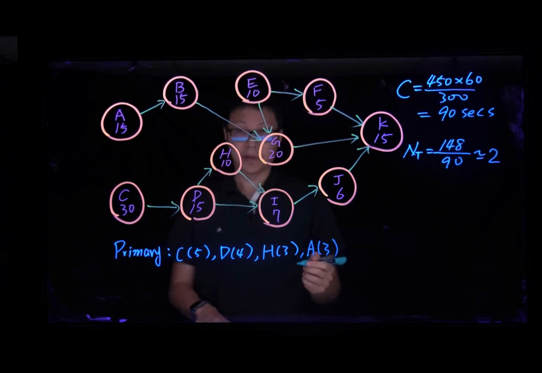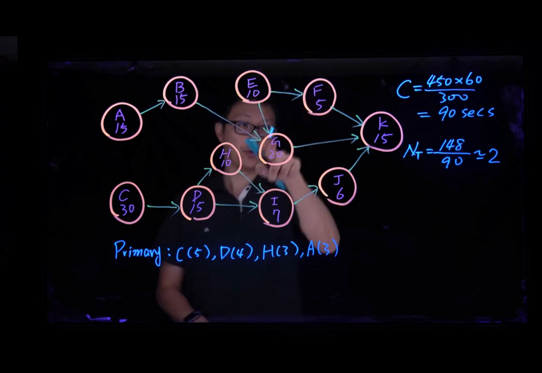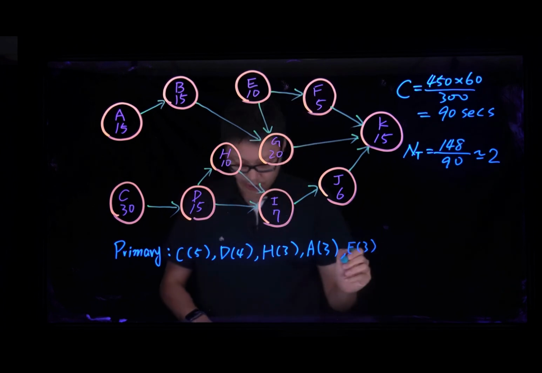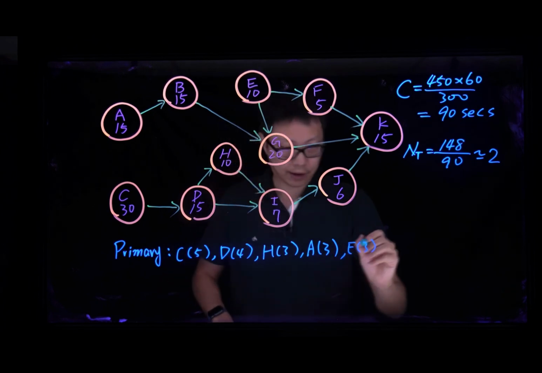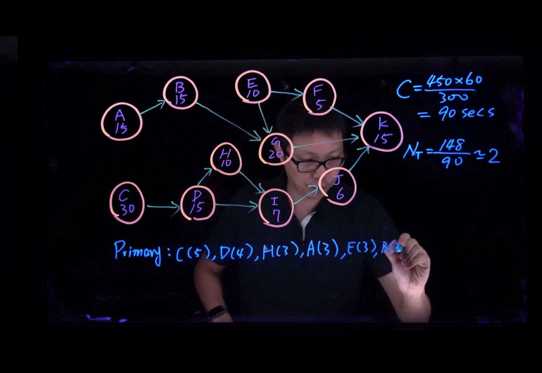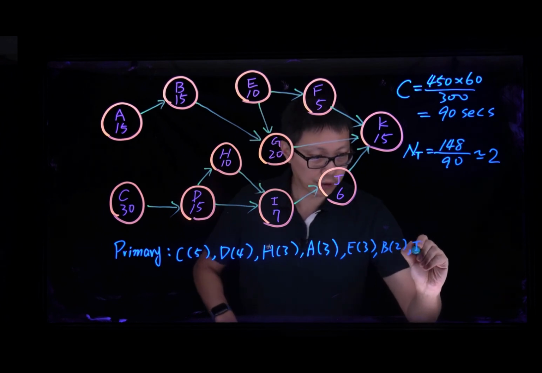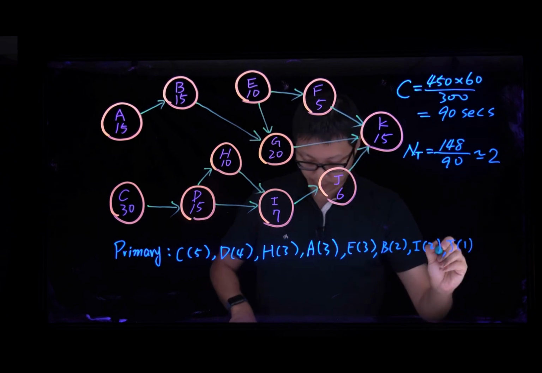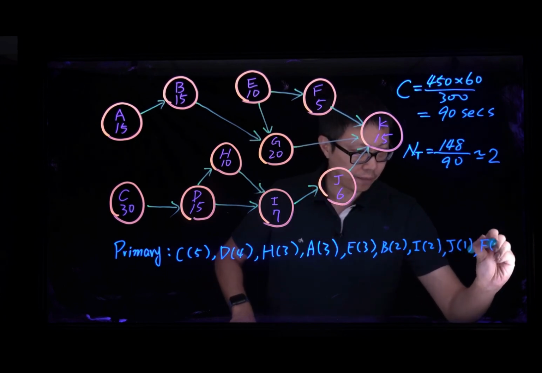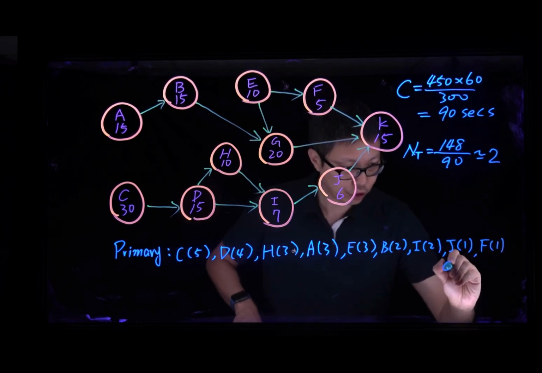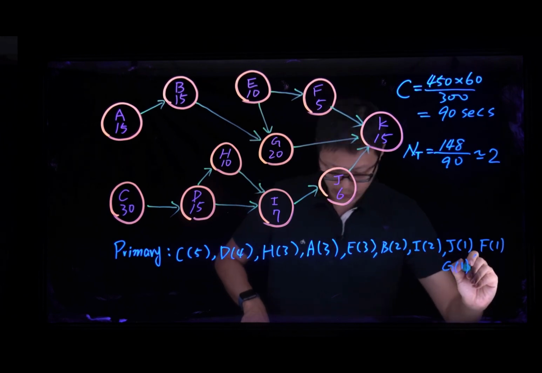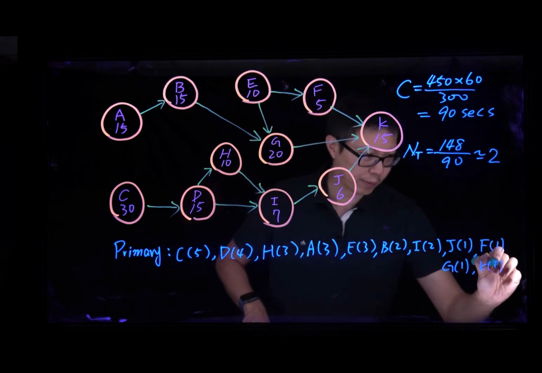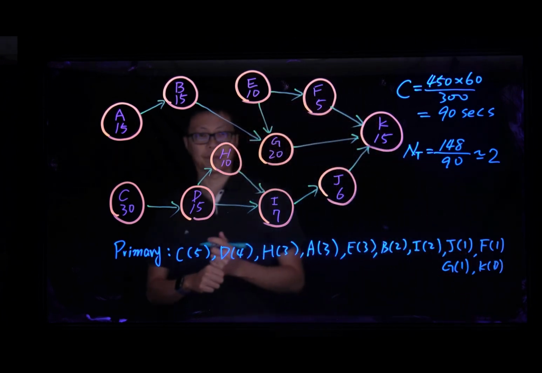And I also have E. E has 1, 2, 3. And let's do the following. B will have 2. I will also have 2. J will have 1. F have 1. G has 1. K also 1. Oh, sorry, K will be 0. That will be the very last task.